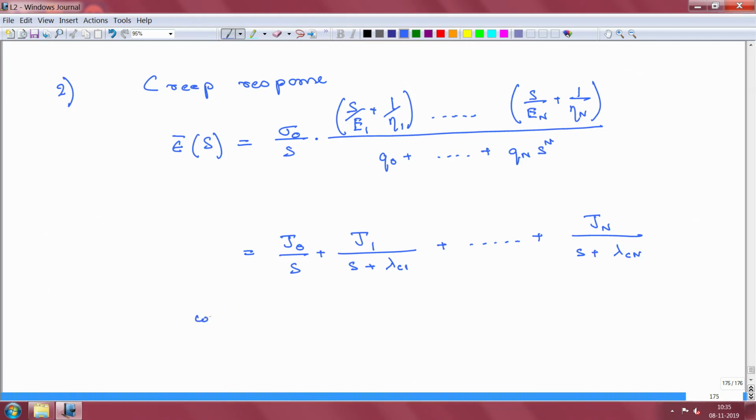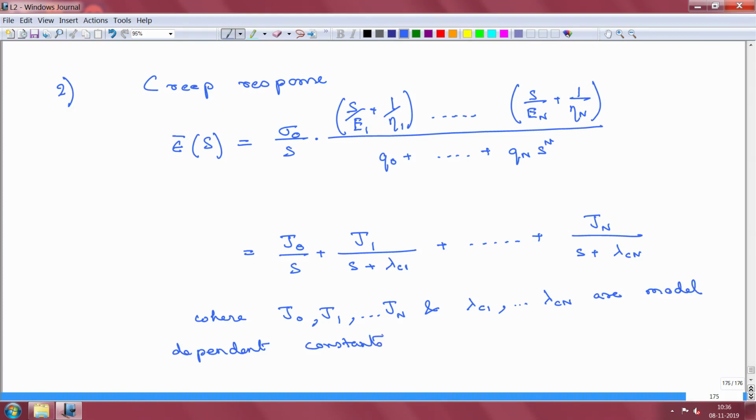Where J naught, J 1, J n and lambda C 1 are model dependent constants, right.